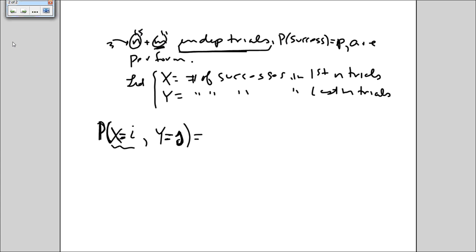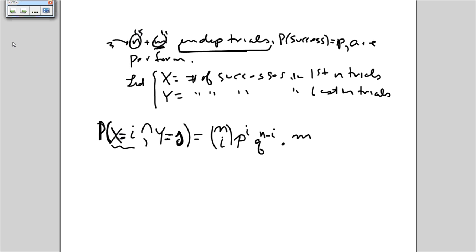The probability in the first N trials, because X came from the first N trials, you have I successes: P to the I, Q to the N minus I. And Y has J successes on the last M trials.